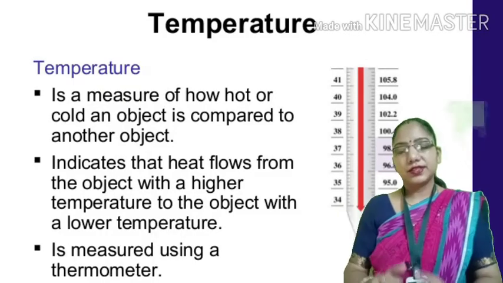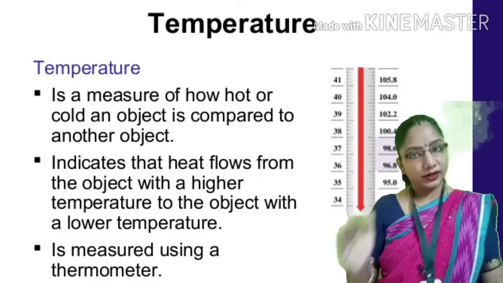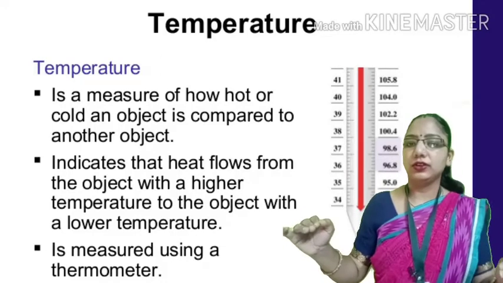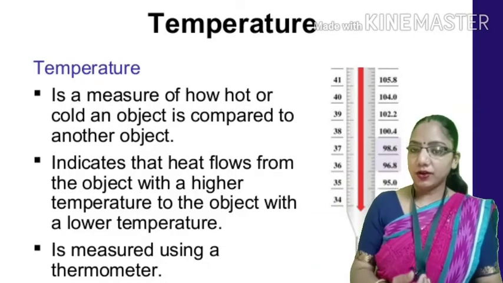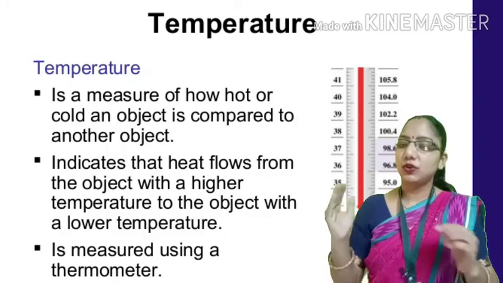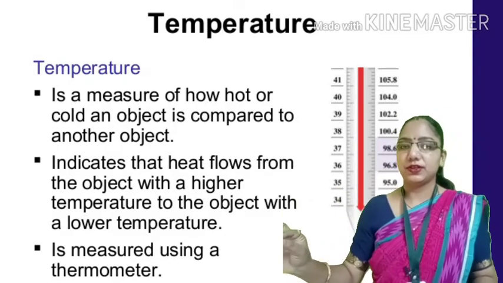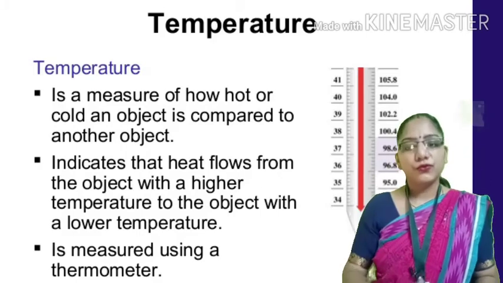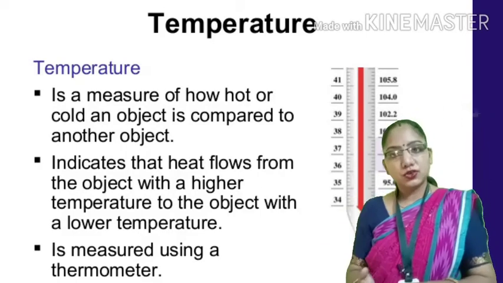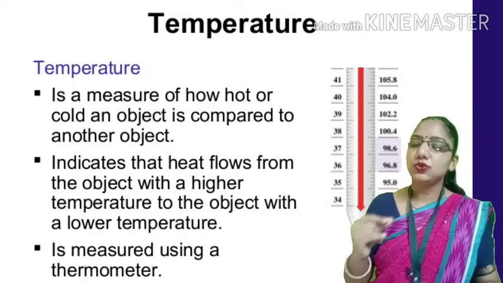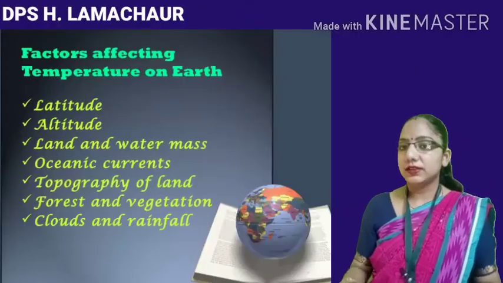Temperature is reflected both vertically and horizontally, by which we feel cold or hot. The average global surface temperature is about 14 degree Celsius, but it can vary due to a few factors.